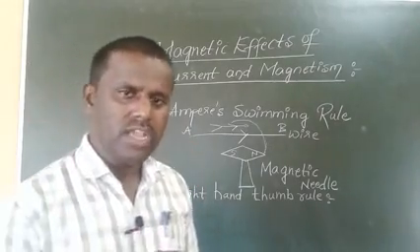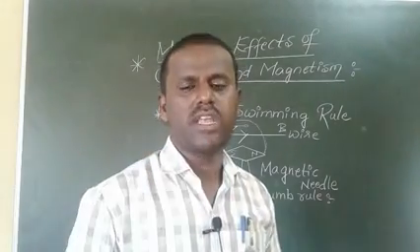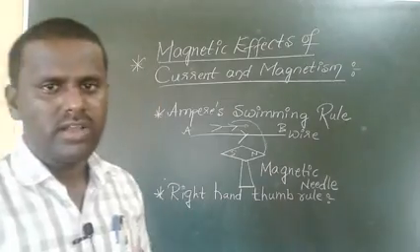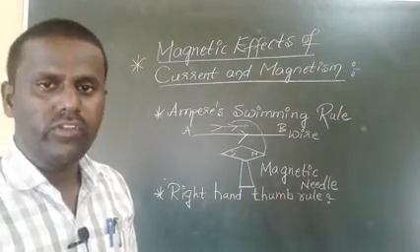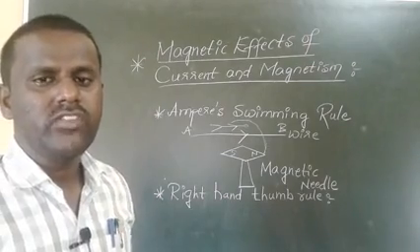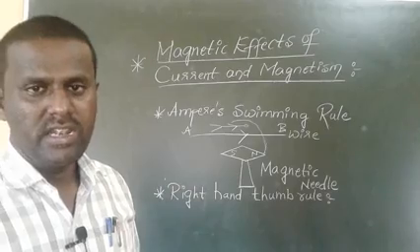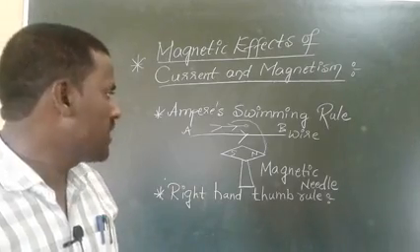So in the surrounding regions of the cell there exists a force called magnetic force, and that magnetic force started attracting the small pieces of iron metal. So that is magnetic force.